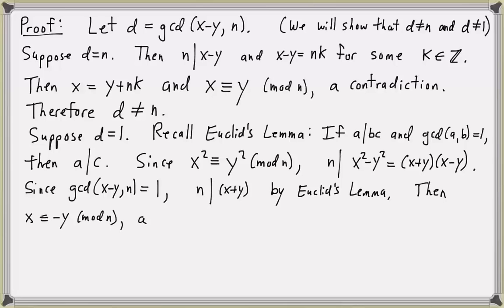Again, a contradiction. Since d does not equal n, and d does not equal 1, and d is a factor of n, d must be a non-trivial factor of n.